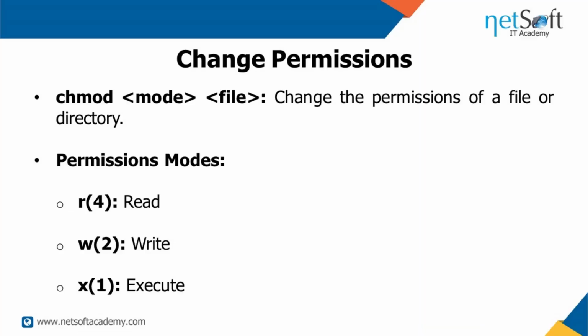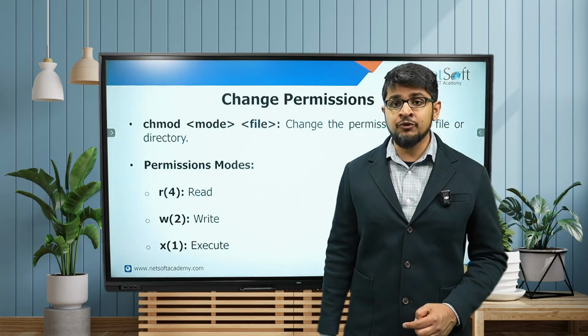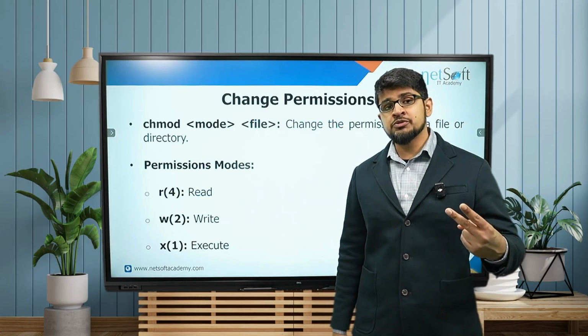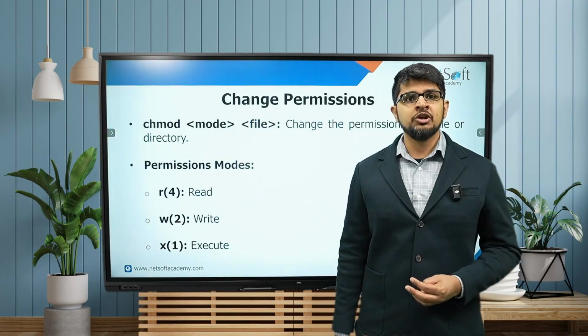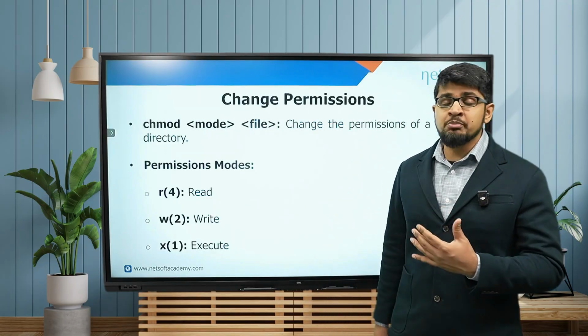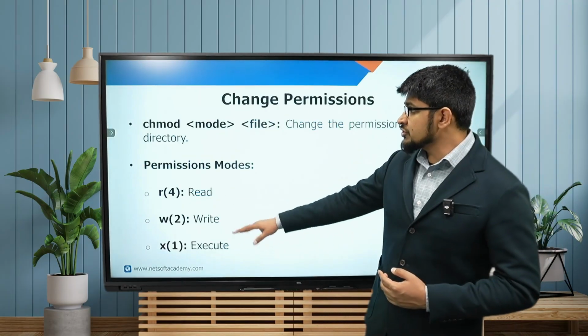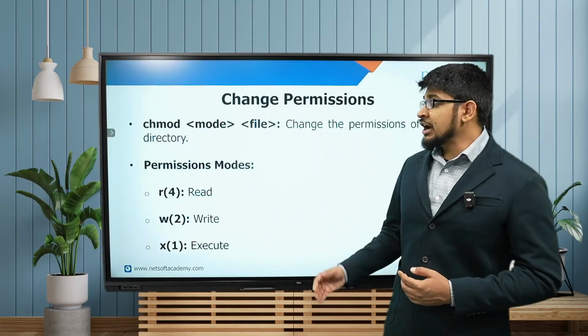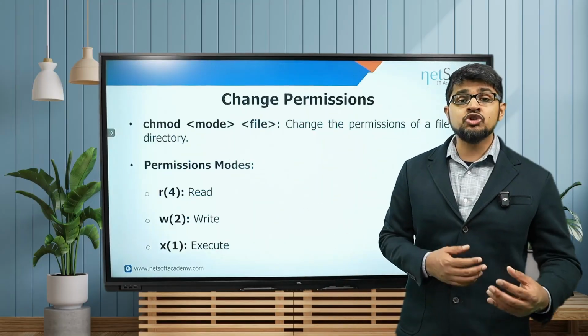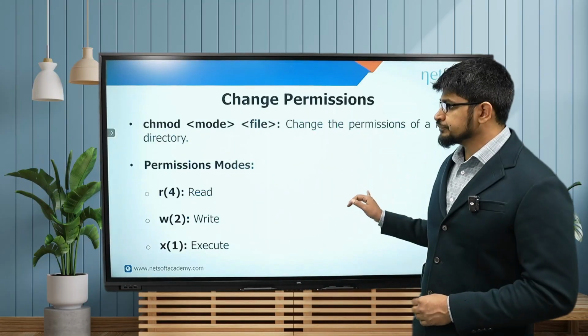So using these 3 bits, you can define new permissions for a file. Now, remember, you have to define 3 sets of numbers because there's permission sets for users, groups, and others. So you can use the chmod command, enter a new set of permissions as the mode, and identify the file that you want to change the permissions for.